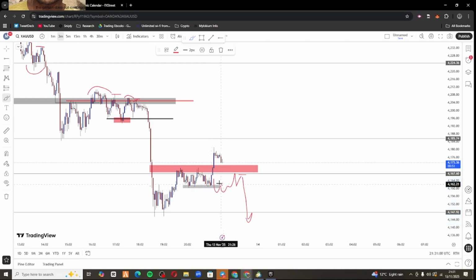But remember, the break of structure is the key thing that will make this setup valid. Without this break of structure here, this is not the setup. Right? The head and shoulders does help, but it's not very important.